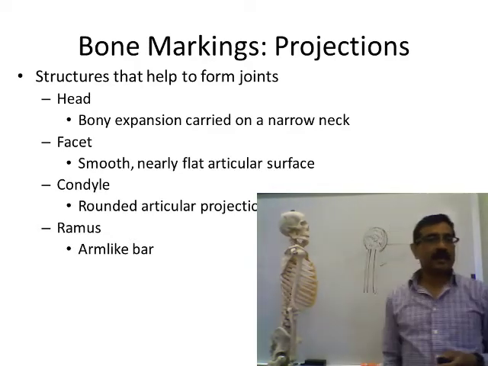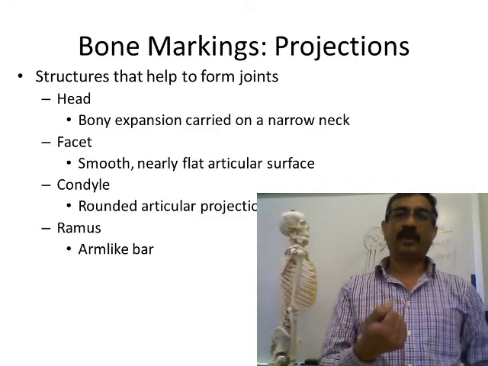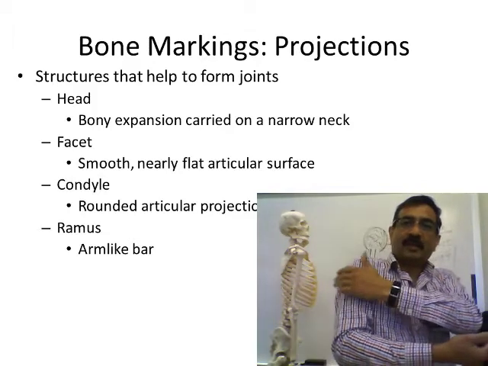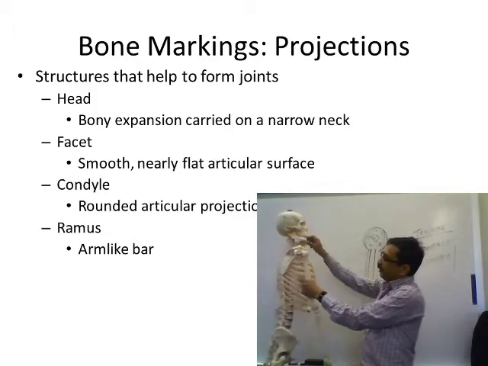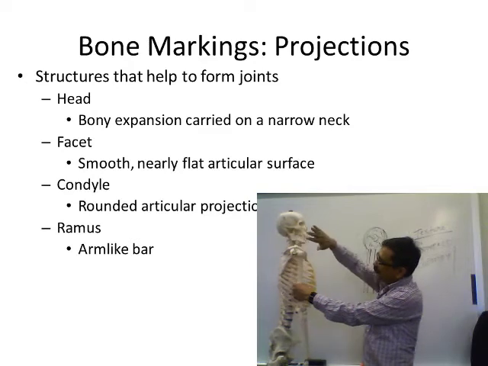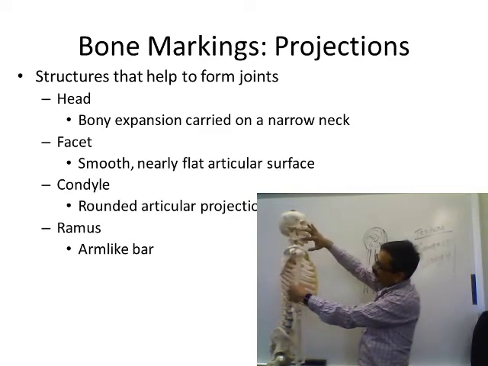Ramus. If you see an arm-like structure in the bone, that part is called the ramus. For example, here, which bone is this? Anybody? Mandible. If you look from the side, this is like the arm, this is like the forearm, right?